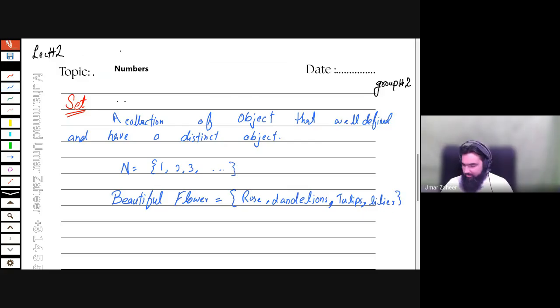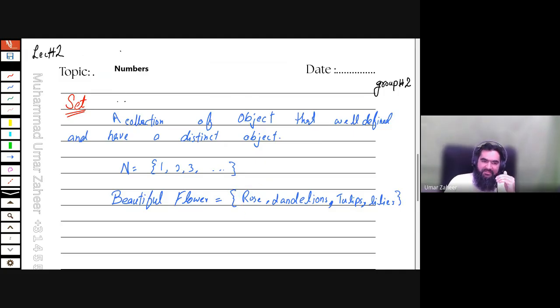So look here, all of them are different. So they are distinct objects. But the problem is it is not well defined, because according to you, Hanana, the rose is the beautiful one.